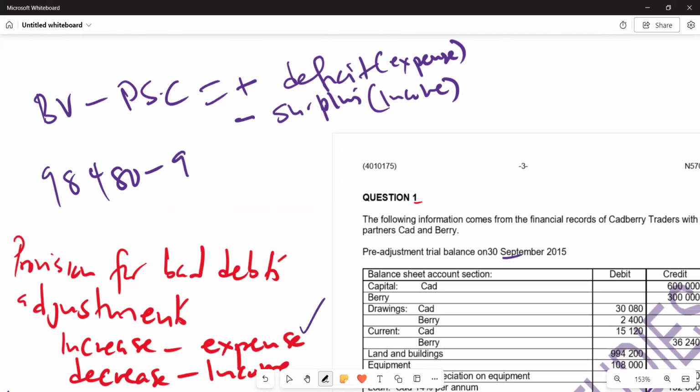So you calculate it like that, and you are going to get 1,550. But here, we are getting a positive figure, and a positive figure is a deficit. So it's an expense. This one is an expense again, so we're going to put it under expenses.